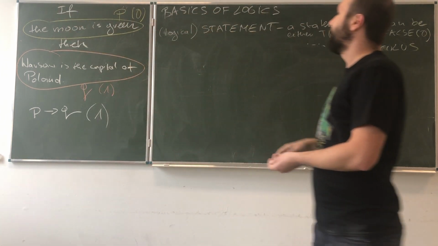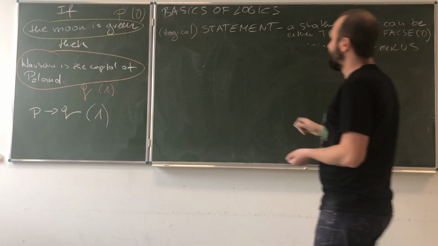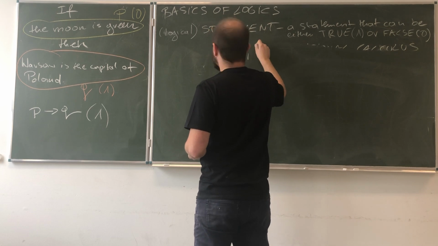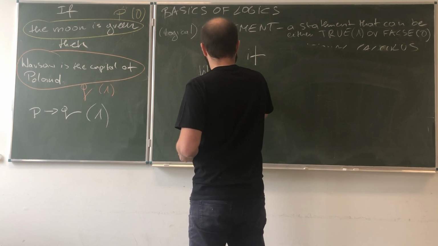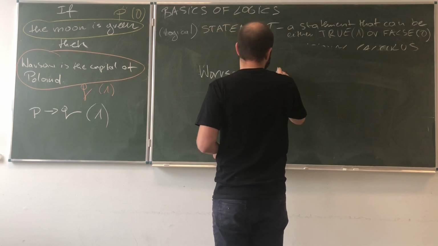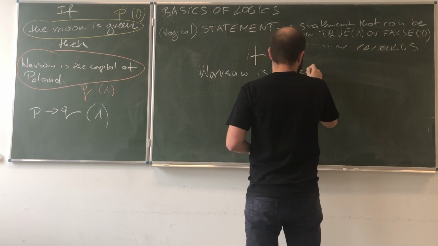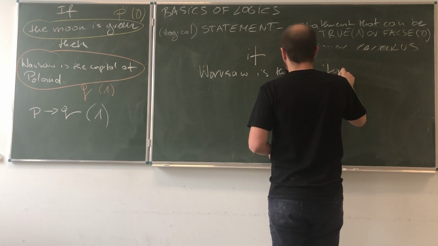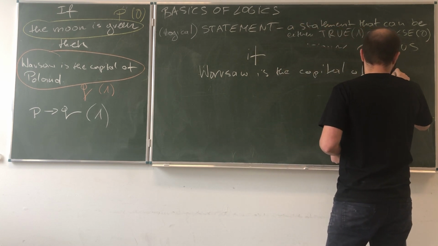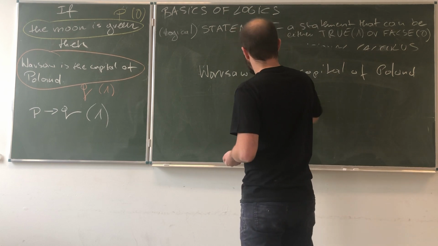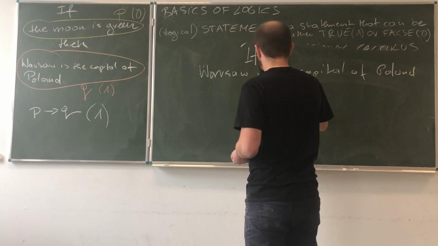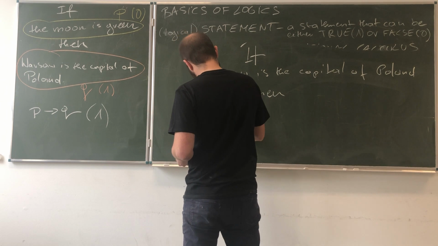Okay, let's try now something different. What if I reverse the order here? So now if Warsaw is the capital of Poland, then the moon is green.